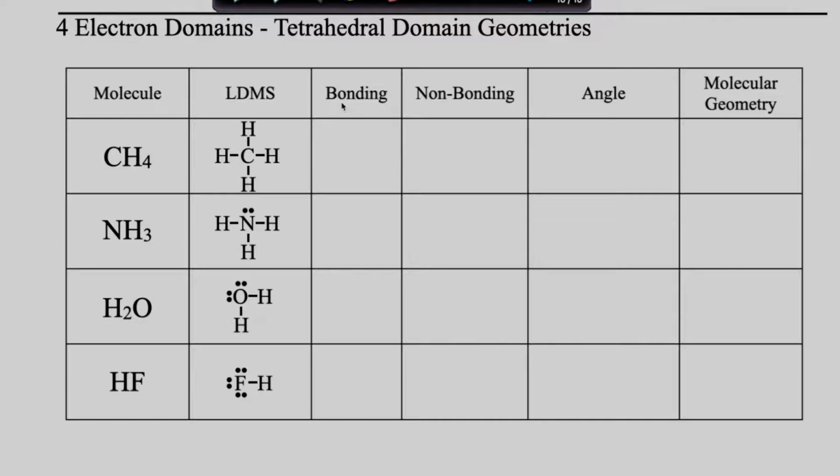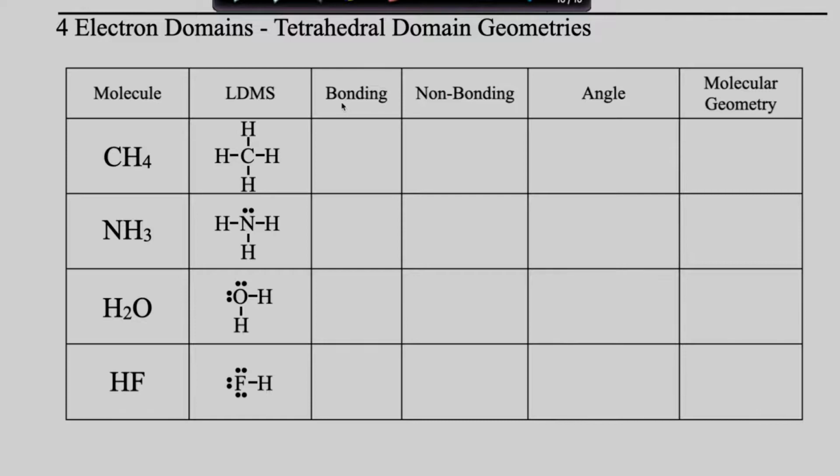All right, so guys, do this with me. Once you've got these drawn, allow your eye to scan through your Lewis dot structures and ask yourself this question. How many domains are around the central atom in each of these molecules? So guys, how many domains on the carbon? 4. Nitrogen? 4. Oxygen? 4.